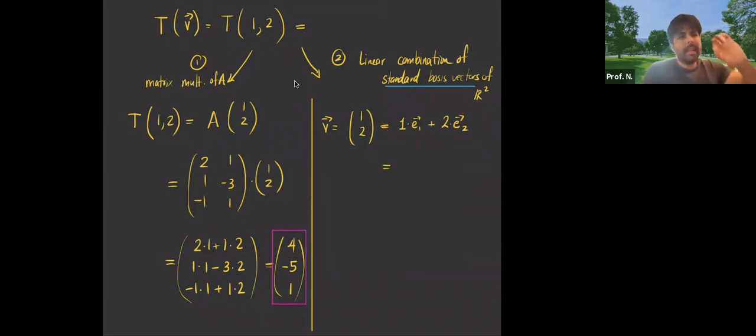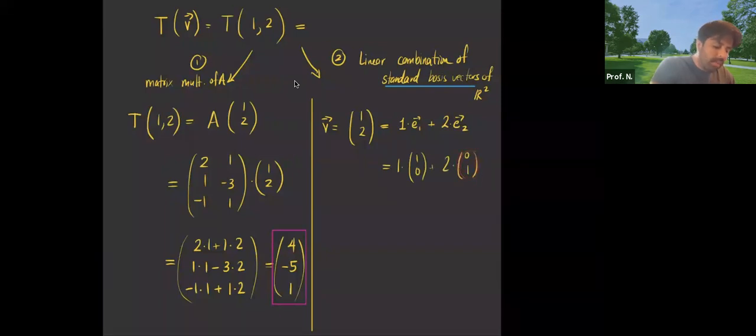I can express any vector in R2 using enough of E1s and enough of E2s that when you add them up, I give you that vector. If you don't see that geometrically, you can see it arithmetically. E1 is (1, 0) and E2 is (0, 1). So if you have 2 of (0, 1) and 1 of (1, 0), when you add these up, you get (1, 2).